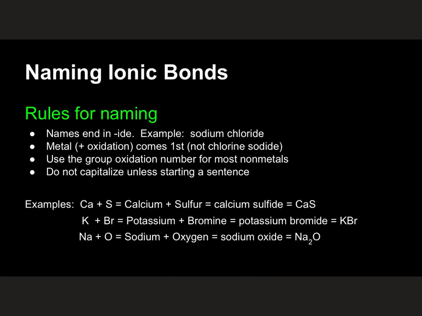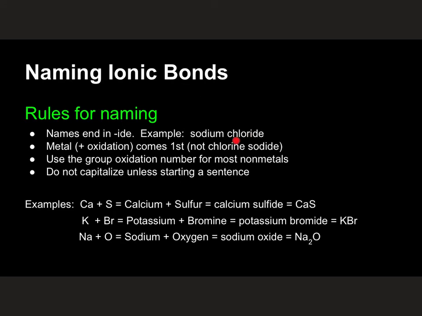So after you have your bond form and you have your new compound, you have to name it. Now, these basic ionic bonds for just a metal and a non-metal, the most basic form of the ionic bond, are pretty easy. The name's going to end in an IDE. Now, when I say the name of it, that's the second element. Your anion is always going to be second, and it's going to end in IDE.